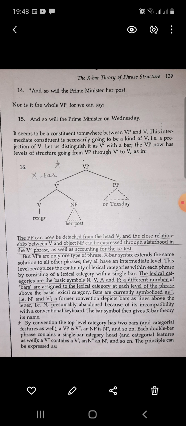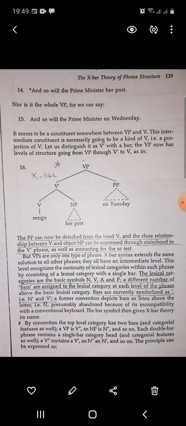In it we see that the verb phrase is divided into a verb, and that verb is a whole. They have connected the essential element, that is the noun phrase, with the verb. They have given it as a separate branch. They have just kept this noun phrase her post with the verb in sisterhood.